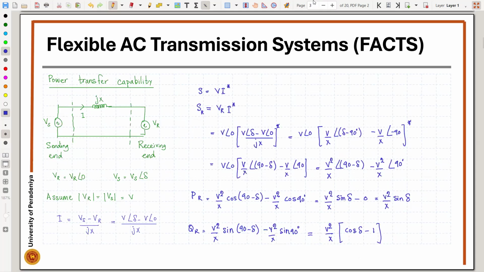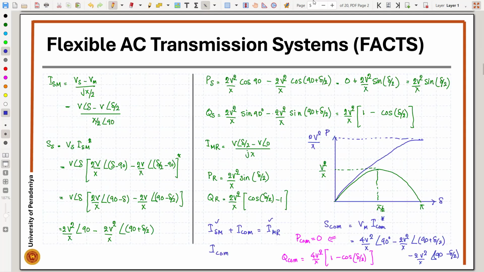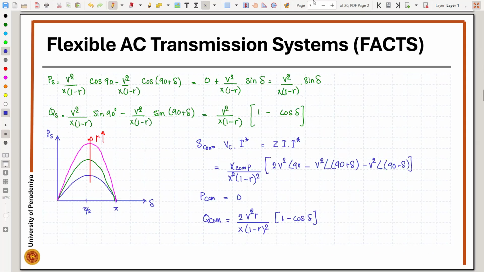So we looked at the power transmission capability without compensators, how the power curve will vary. Then we looked at what would happen if we have a shunt compensator, how the power curve will change. Then we looked at the series compensator, and how the power curve varies.